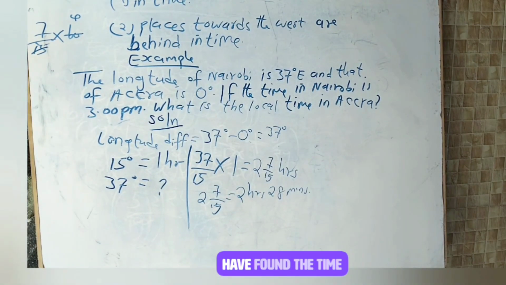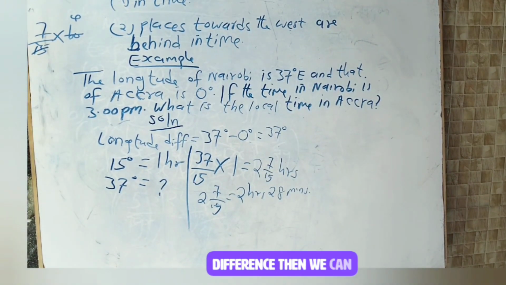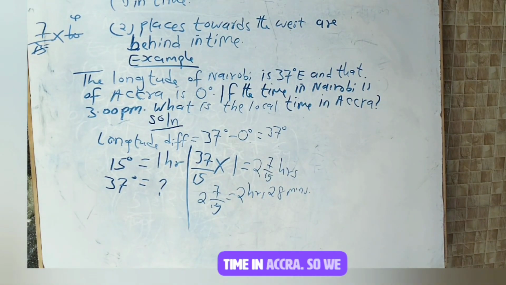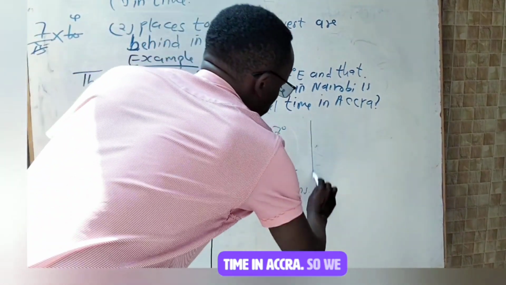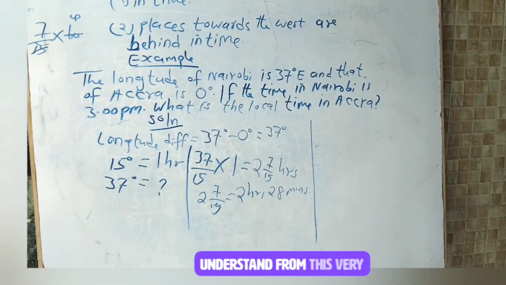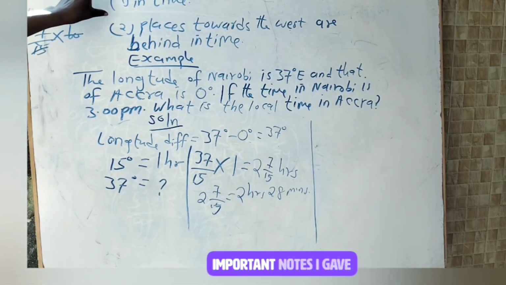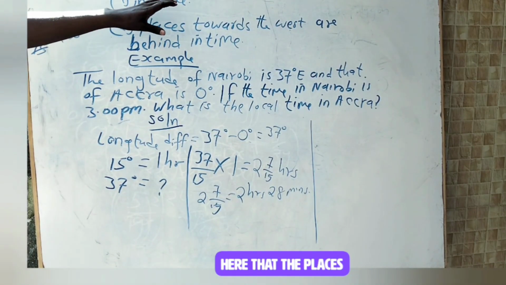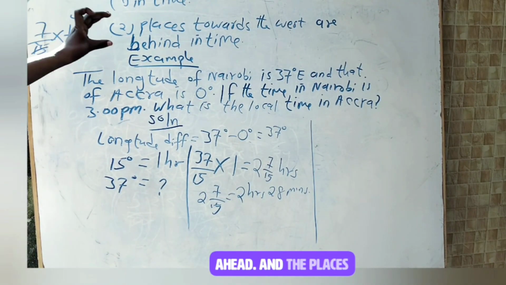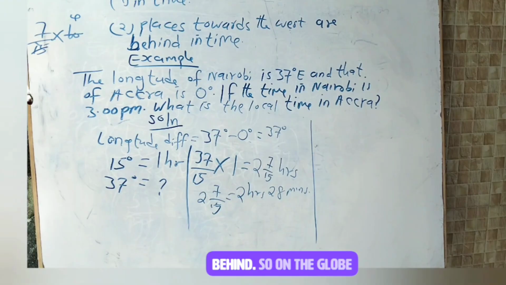Okay, so after we have found the time difference, then we can easily find the time in Accra. This is how we do it. We understand from the very important notes I gave here that the places towards the east are ahead and the places towards the west are behind.